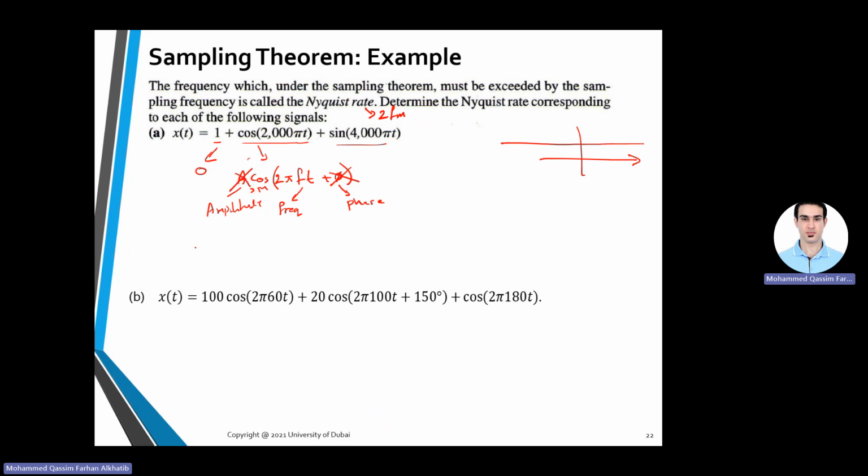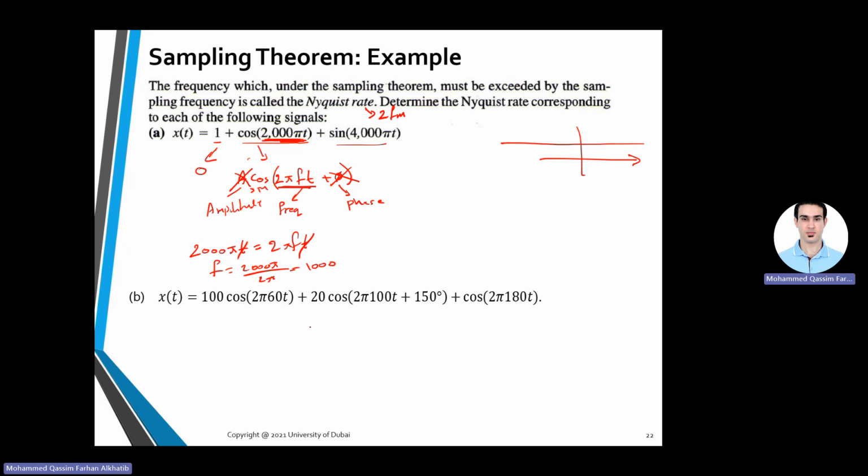So I have 2000 pi t, which equals 2 pi f t. I'm just comparing this in the parentheses with this one here. t and t will be gone. So f will be 2000 pi over 2 pi, 1000.